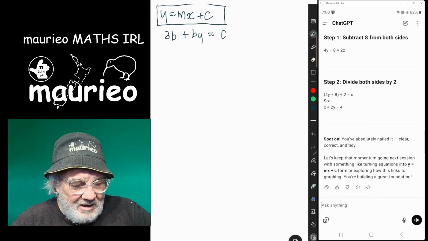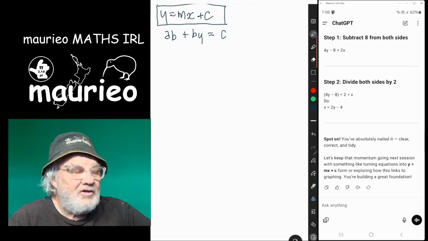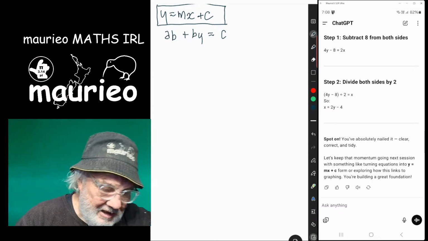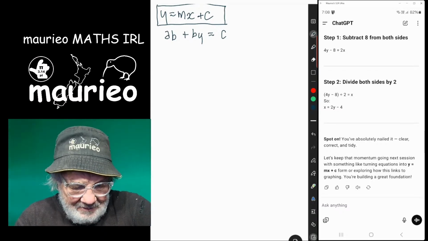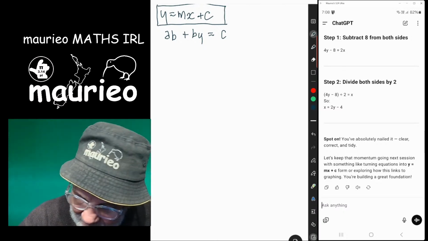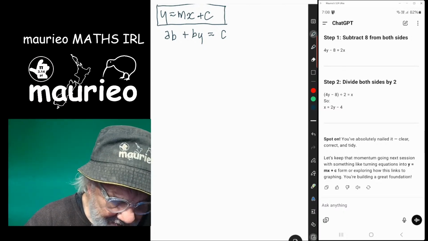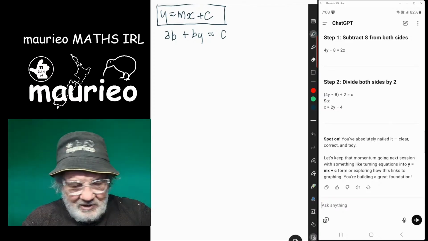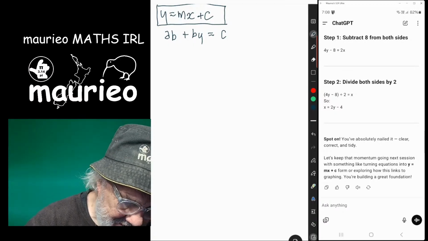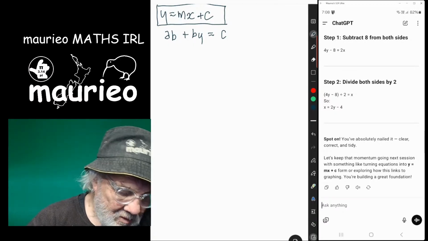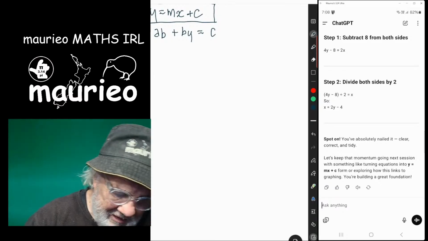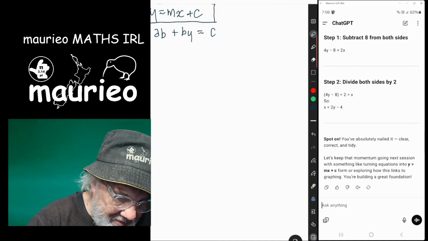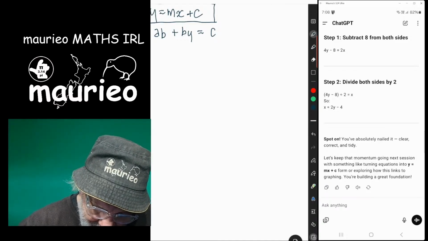So we know that any equation in that format is in the form of a straight line. And the idea of plotting the line is there also. So now we need to get a little idea of graphing things.